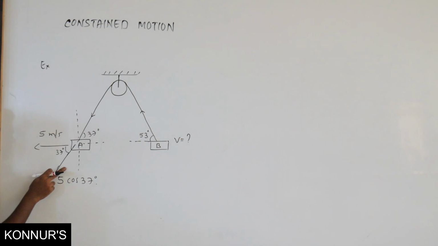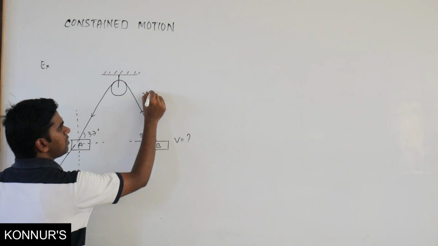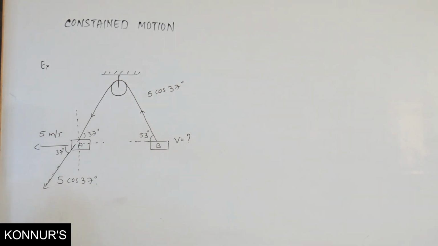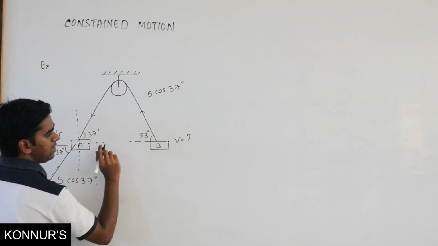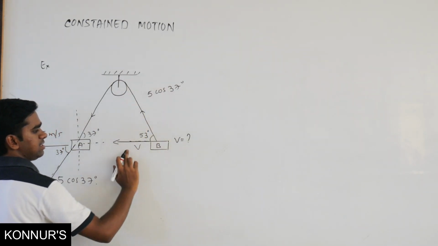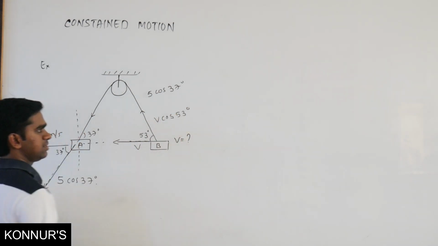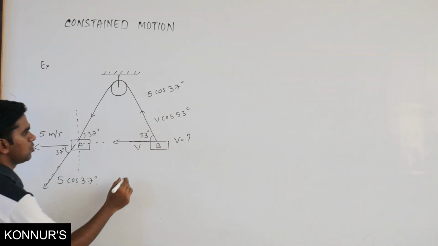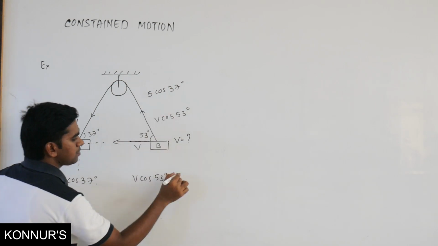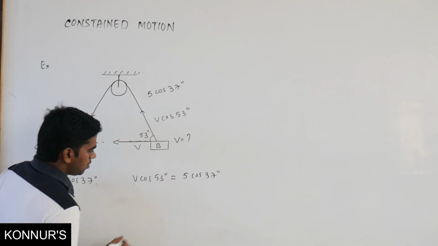If here it is 5 cos 37 degree, here also it is 5 cos 37 degree only. Now you want to calculate the velocity of B, which you can take as V. What is its component in this direction? Its component in this direction is V cos 53 degree. Both are the same component, so we can equate them. V cos 53 degree equals 5 cos 37 degree. Okay. So what will happen?